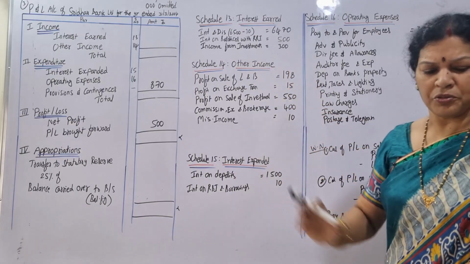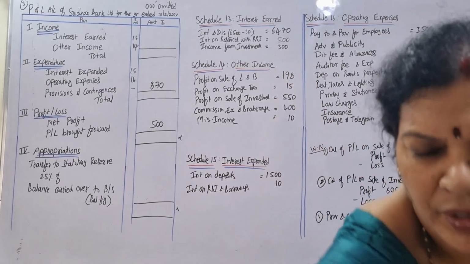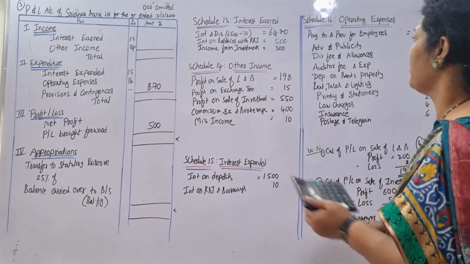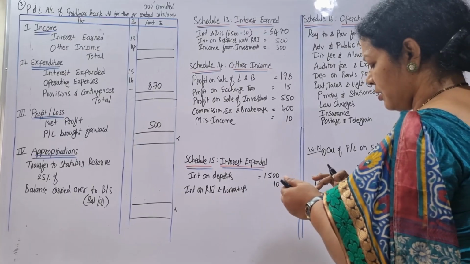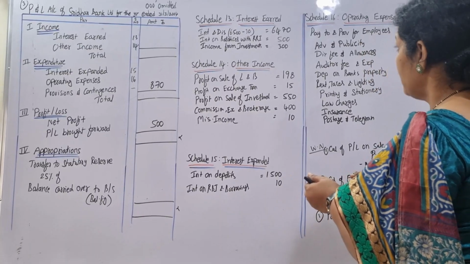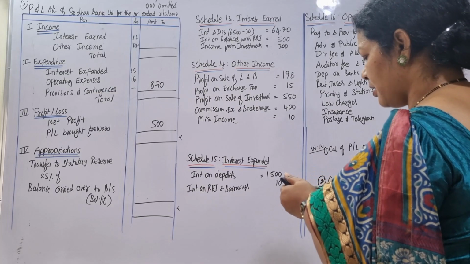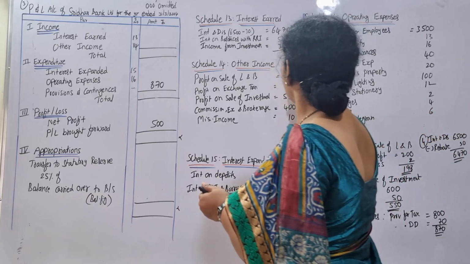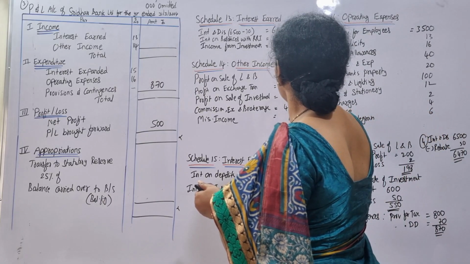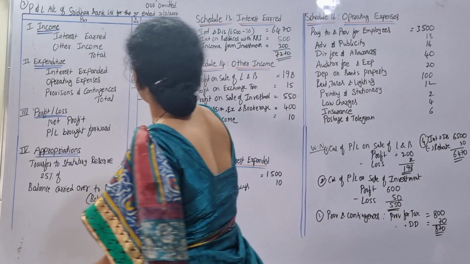Now all the schedules, we will total them. Once you total, everything is very easy. 6470 plus 800 comes to 7270. 7270 will write here.